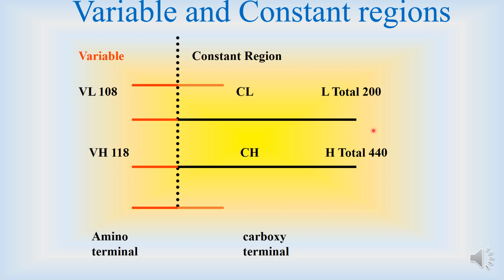The number of amino acids present in the light chain is approximately 200, whereas the total number present in heavy chain is 440. You know that the variable region has the amino terminus, whereas the constant region has the carboxy terminus.